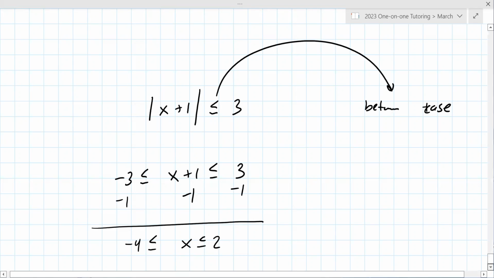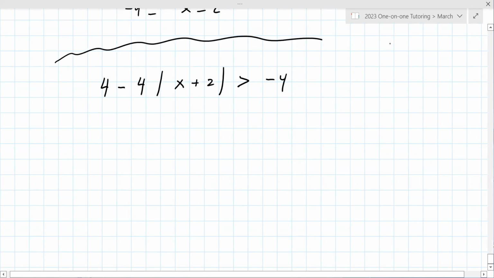All right, let's do another one here. 4 minus 4 absolute value x plus 2 greater than -4. So again, I want you to get this down to just absolute value x plus 2, and then tell me what goes to the right of this, please.